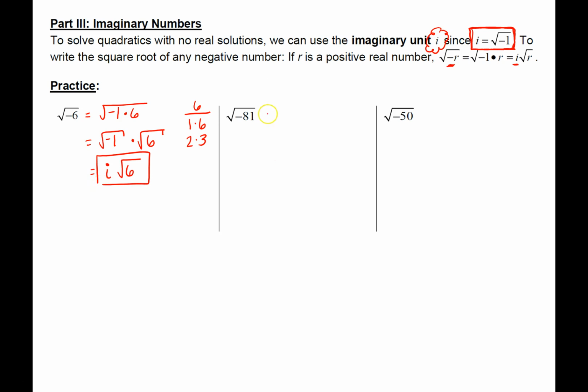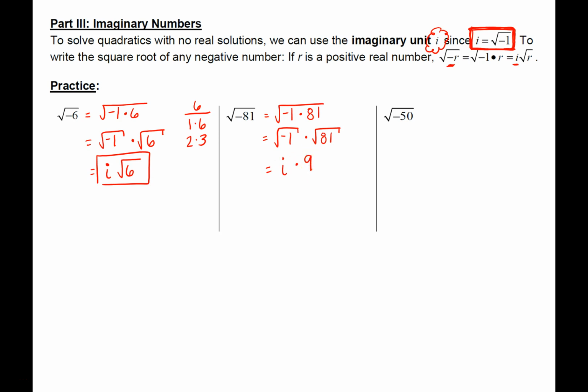Let's look at another one. We have the square root of negative 81, so that's the square root of negative 1 times 81. I'm going to break that into 2 again just to see all of the steps here for a moment. So I've got the square root of negative 1 times the square root of 81. The square root of negative 1, using our definition of i, is i, and the square root of 81 is 9.